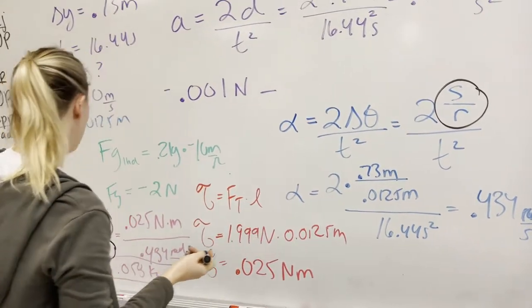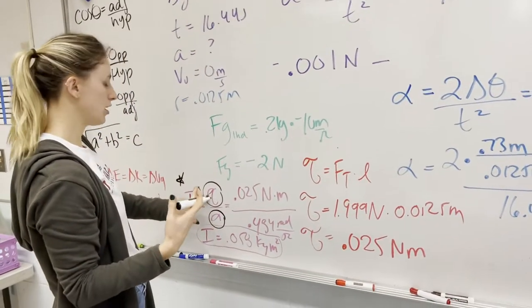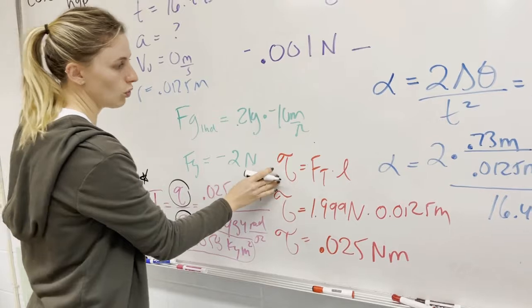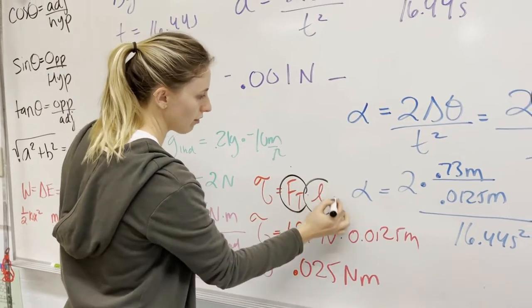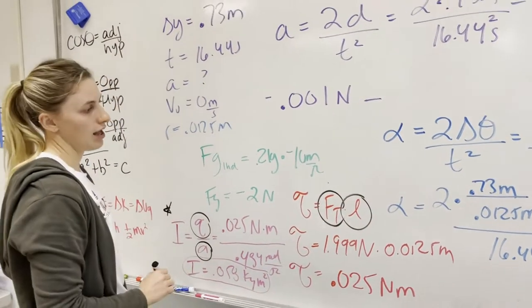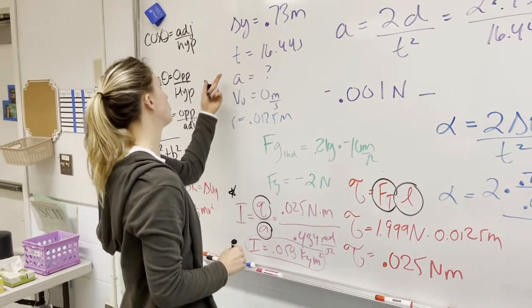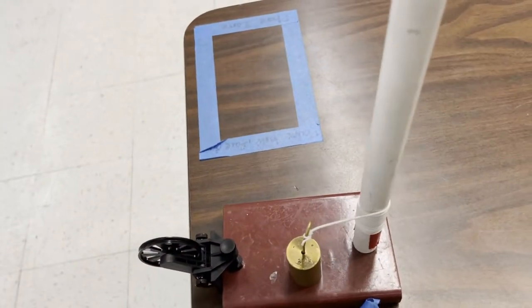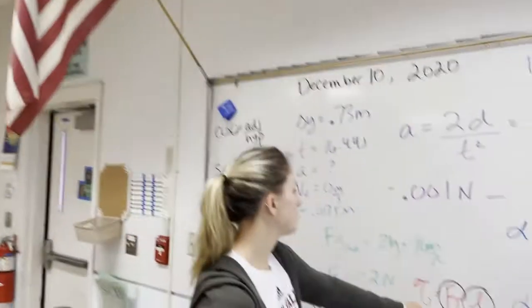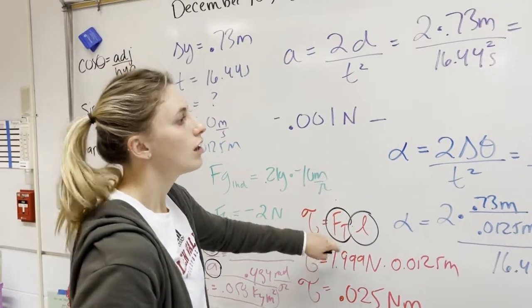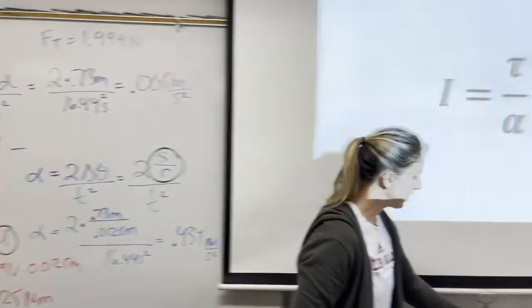Now for the torque, we had a few additional steps. The torque is the force of tension times the lever arm, and the lever arm is the radius, pulling on the string. But the force of tension is a little more complicated.